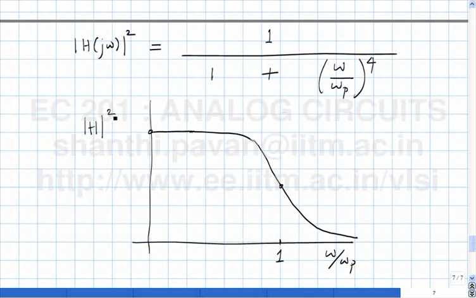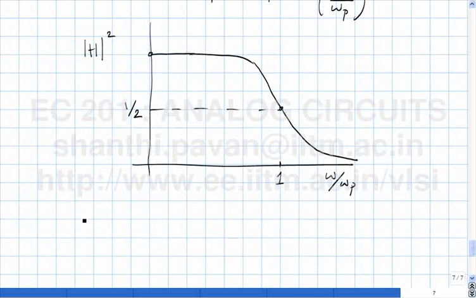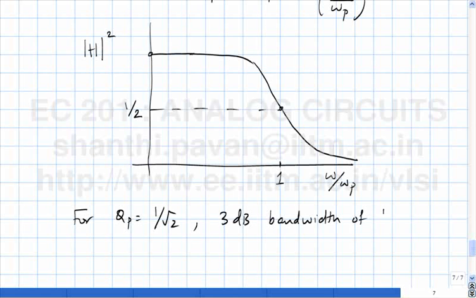Mod h square, sorry, 1 by 2. For qp equal to 1 over root 2, the 3 dB bandwidth of the filter is omega p, right?